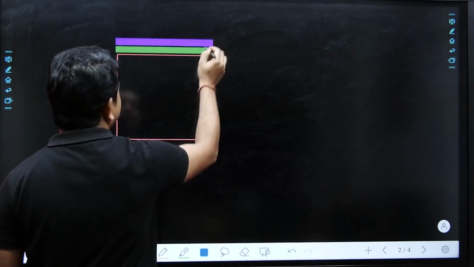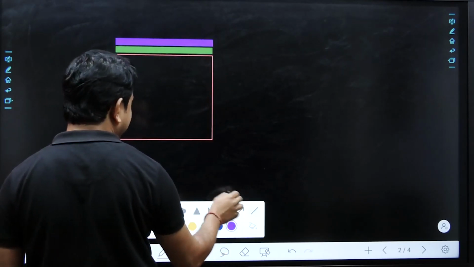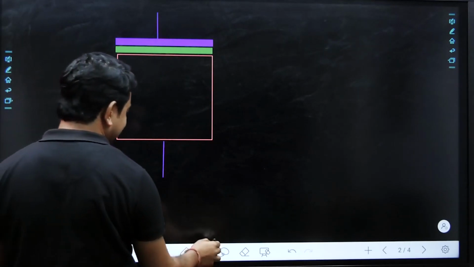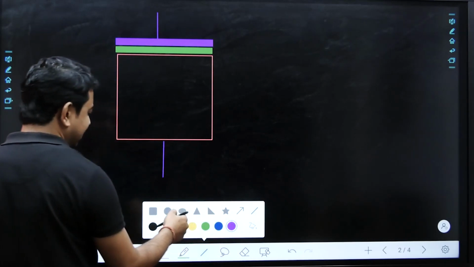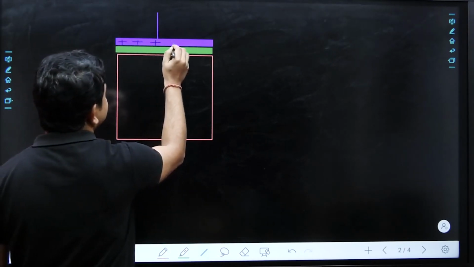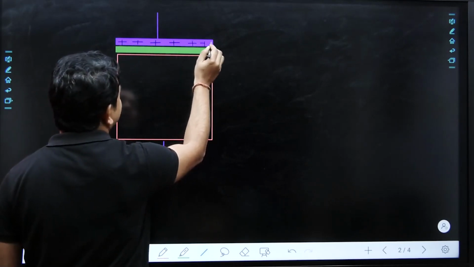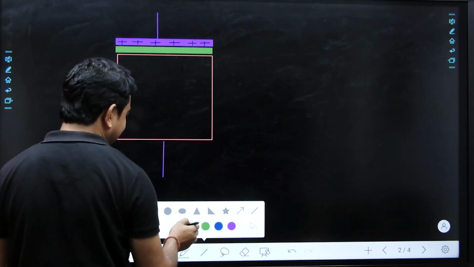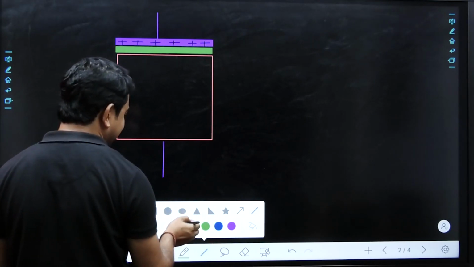So we have a voltage that has been applied, and I have demonstrated properly what this voltage is doing. This voltage is creating a positive charge here. And this voltage is creating a negative electron concentration at the bottom.